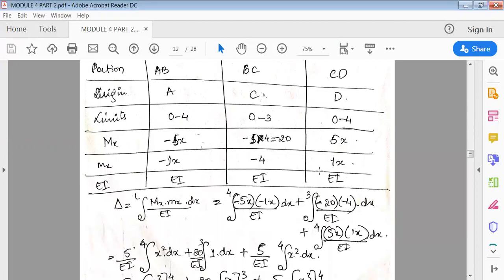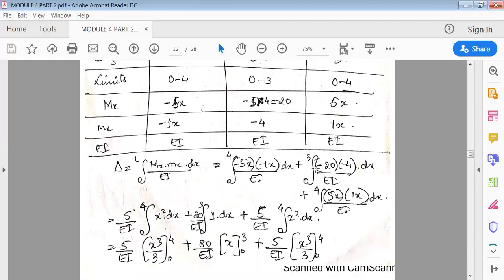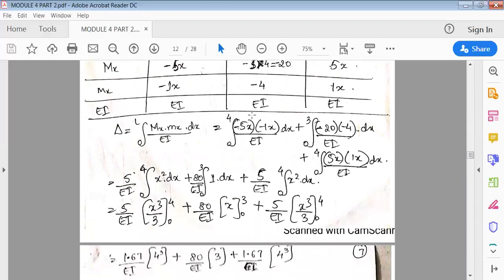Next, delta is equal to, as usual, put the formula: integration from the limit 0 to L of capital Mx into small mx into dx over EI. Next, again 20 into 4, then 5x into 1x. Put the limits and then take out the common factor.